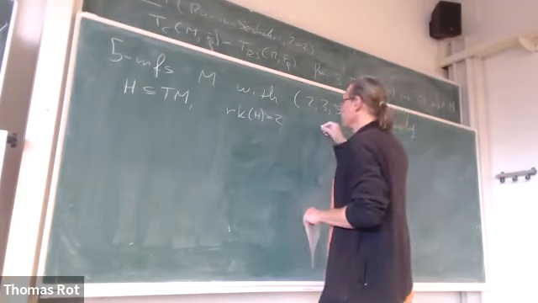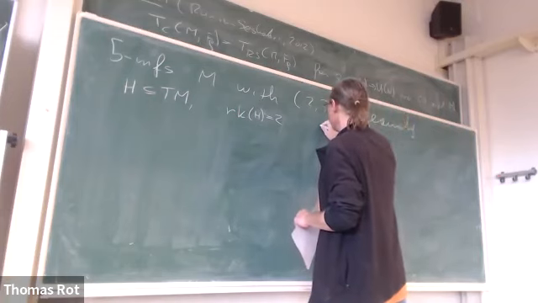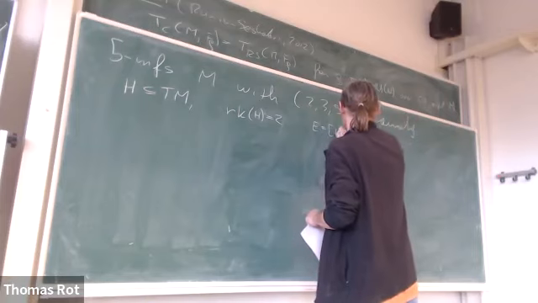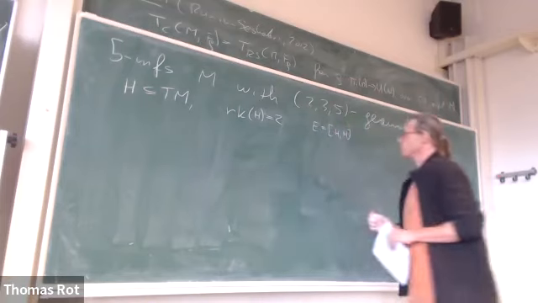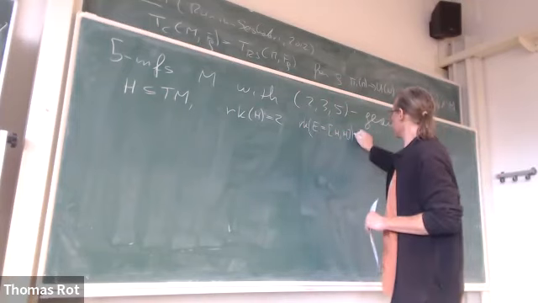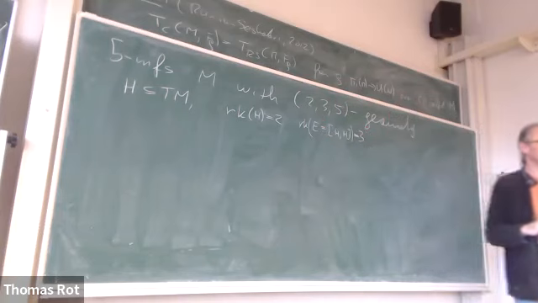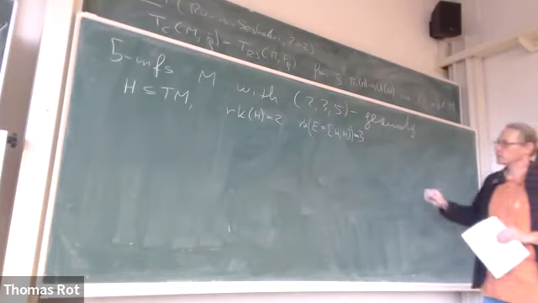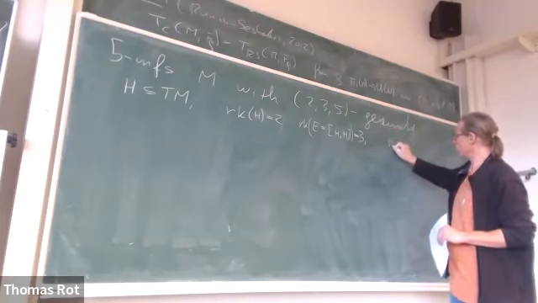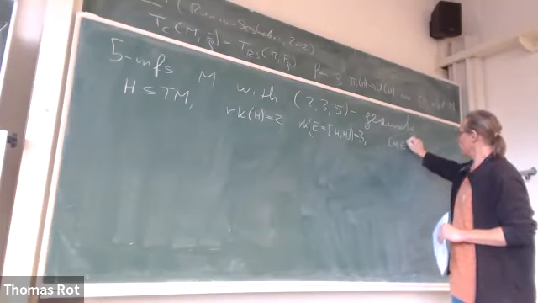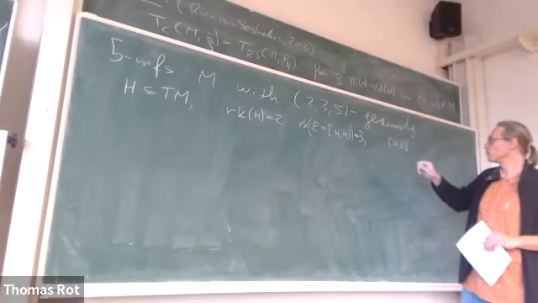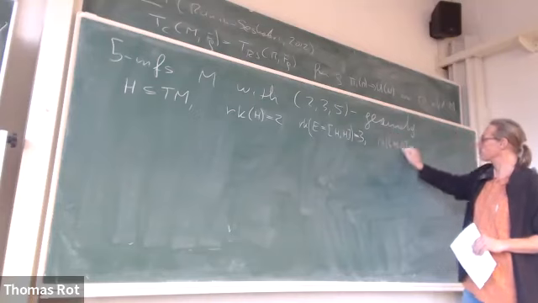And the most you could hope for is that if you look at the bundle E spanned by brackets of sections of H, you get rank 3. And then if you take triple brackets, brackets of sections of H and sections of E, you assume that they span all of the tangent bundle, so the dimension is 5.